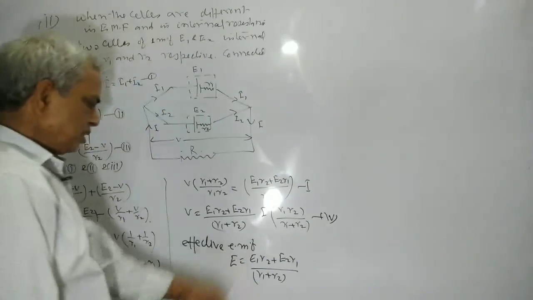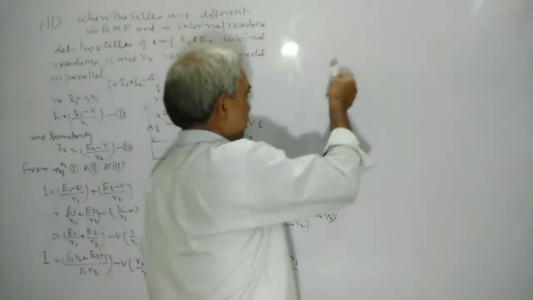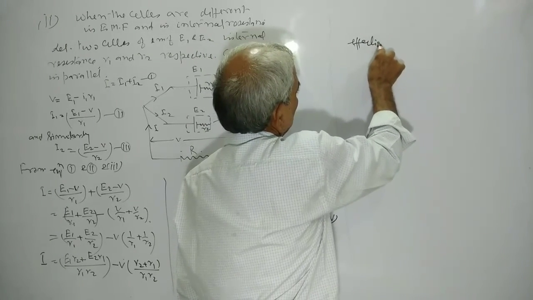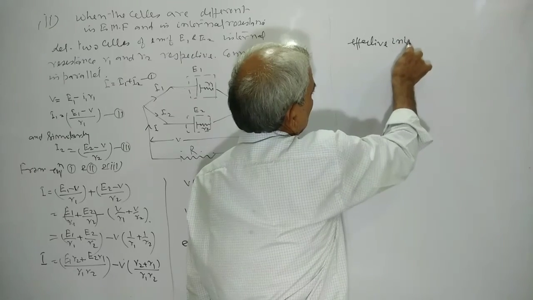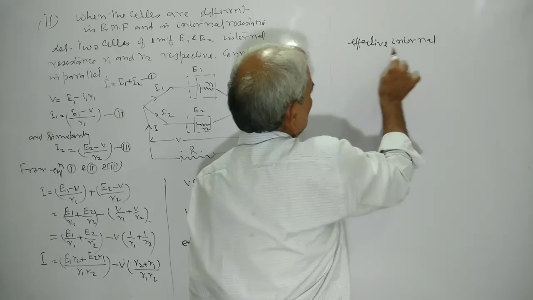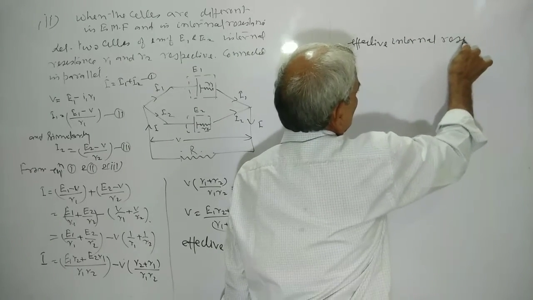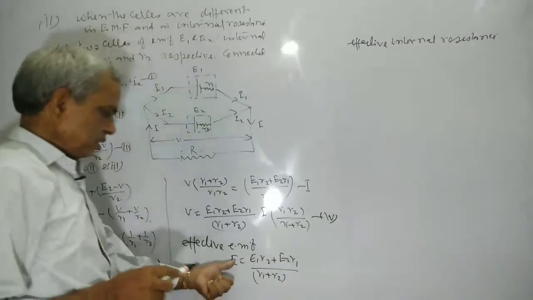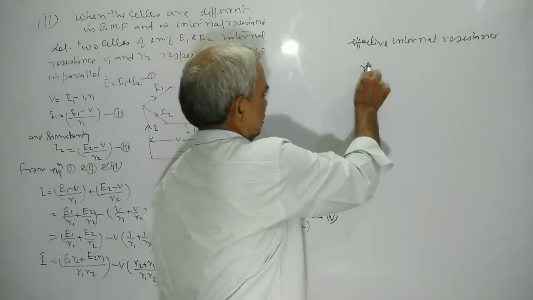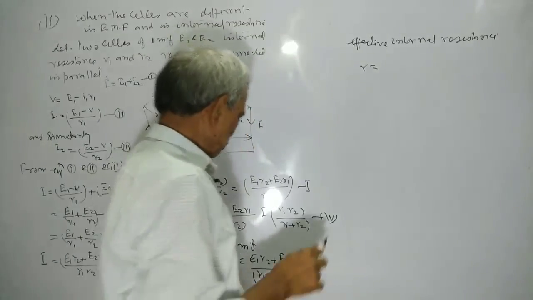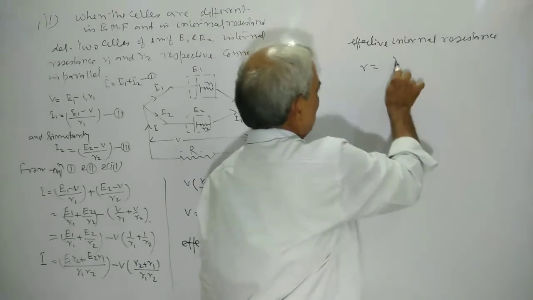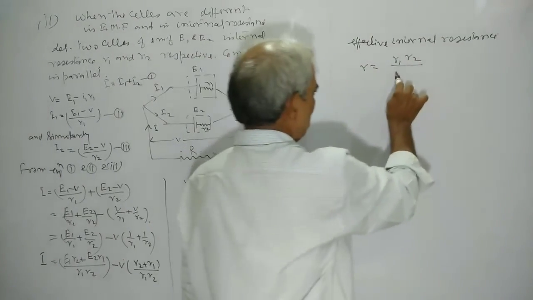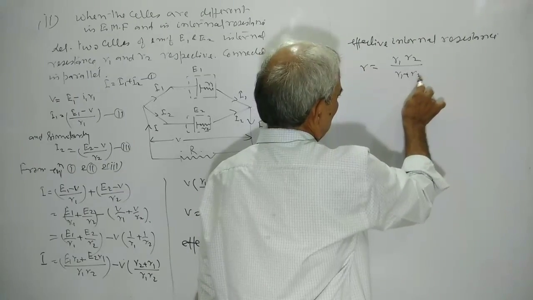And effective internal resistance R is equal to R1 R2 upon (R1 plus R2).